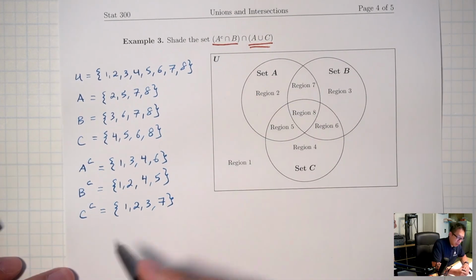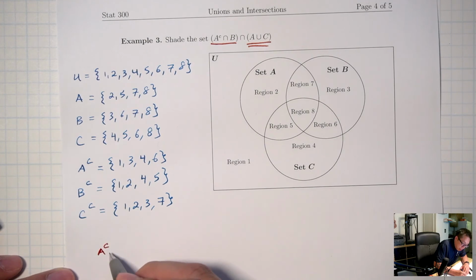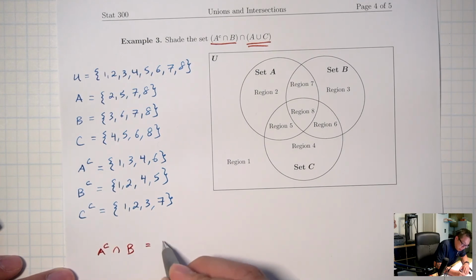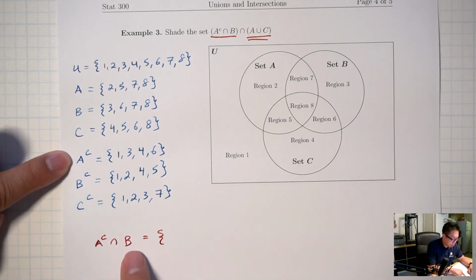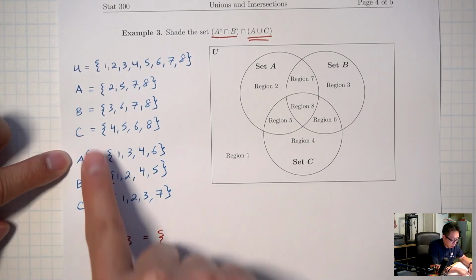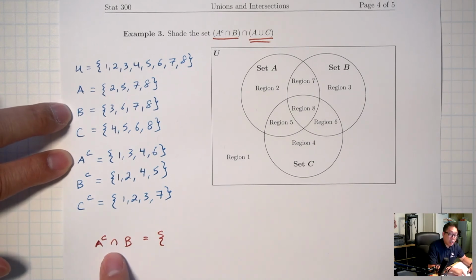Set on the left is A complement intersect B. Let's write out what this is. A complement is right here, regular B is right here. So we're looking at these two sets. I want the intersection, so think to yourself, is this the one where you combine them and get a bigger set, or is this the one where you find the overlap?